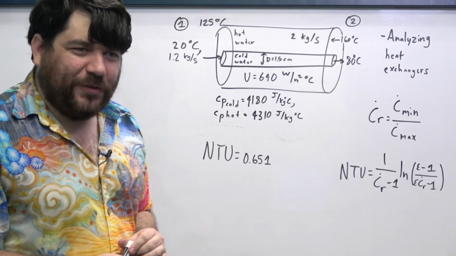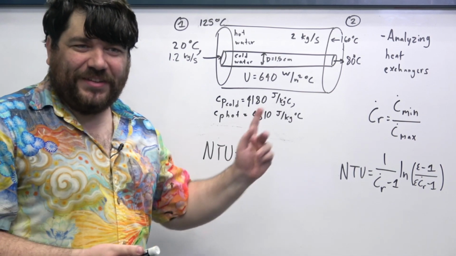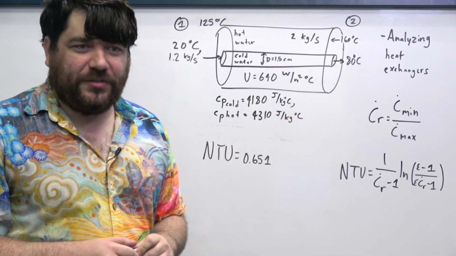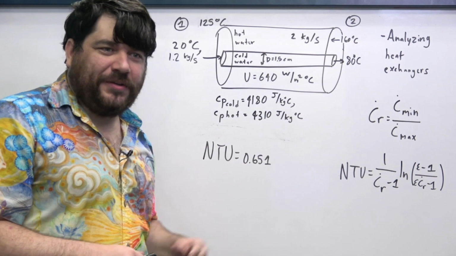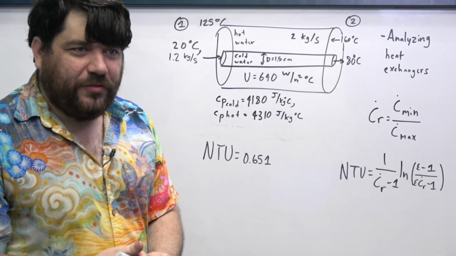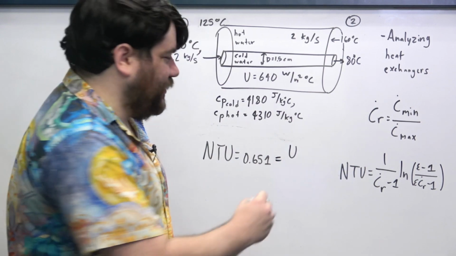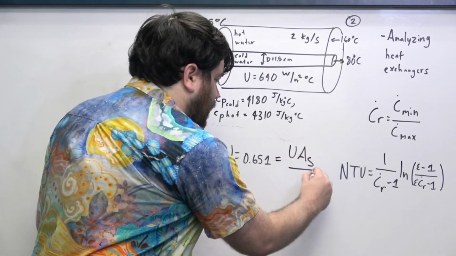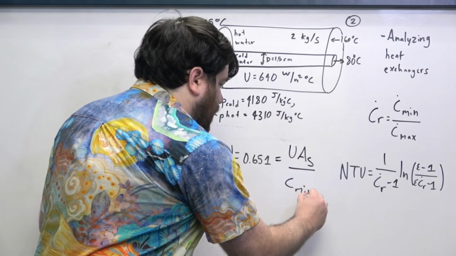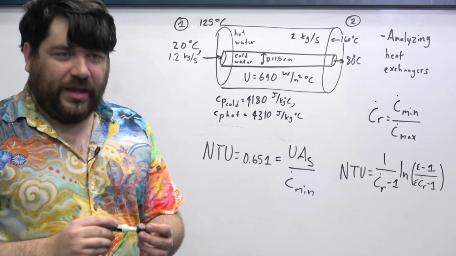So we have this. Why on earth is this useful for determining the length of the heat exchanger? Well, remember how the NTU of a heat exchanger is defined. It's supposed to be the U value of the heat exchanger multiplied by the surface area divided by that minimum rate. Okay?